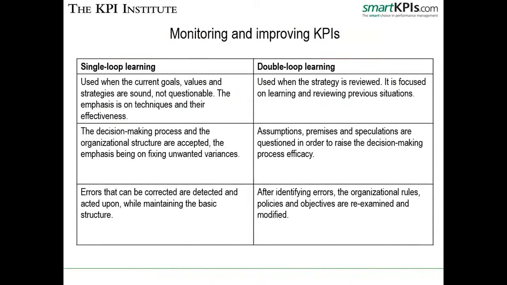Another important aspect is the single loop and the double loop learning approach. There is a very interesting story in the book The 7 Habits of Highly Effective People, written by Stephen Covey, about an expedition making their way through the jungle with machetes.